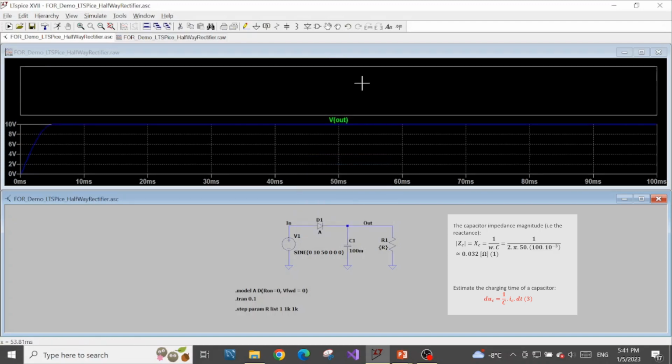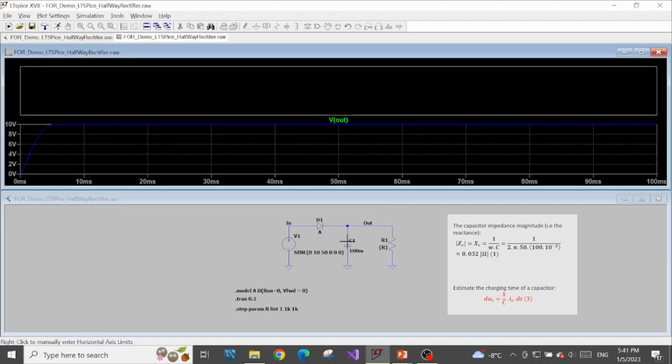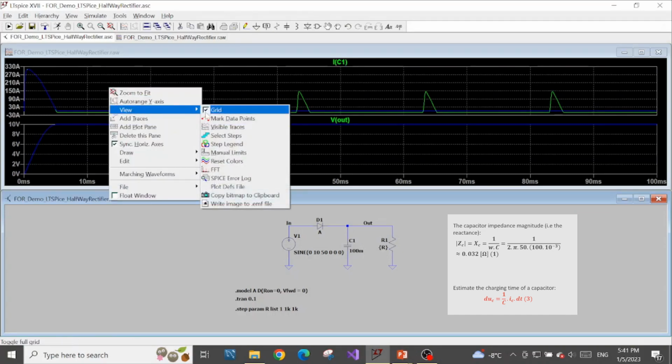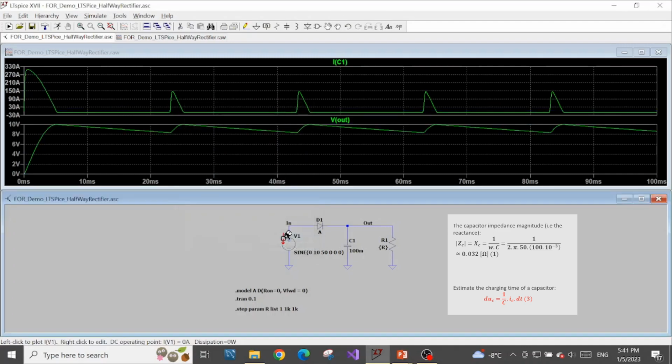Let's check the current going through our capacitor. Let's select the step, choose 1 ohm. So in 1 ohm, we have around, let's say, 150 ampere in the charging process. You can see this is the charging process.